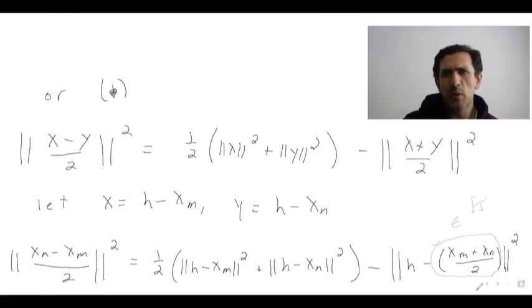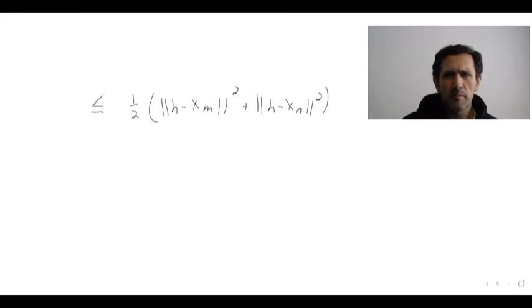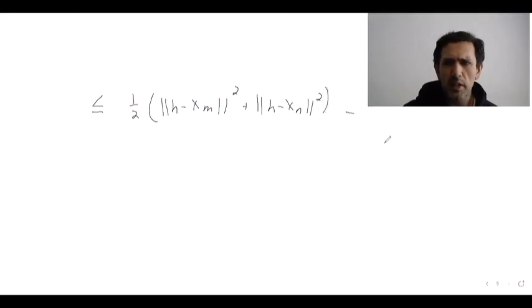When we said D, we just said, well, let's call the infimum D. Okay, so this is less than or equal to, just by definition, the infimum is a lower bound, 1/2 h minus xm squared plus h minus xn squared minus d squared.